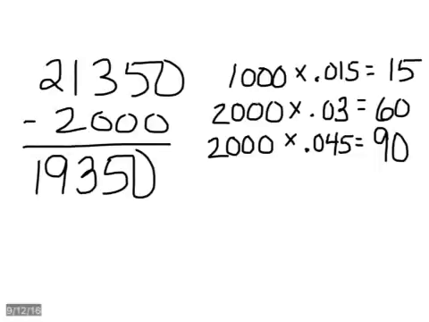So what I'm asking you to do is take his taxable wages minus $5,000. So what's 19,350 minus 5,000? 14,350.